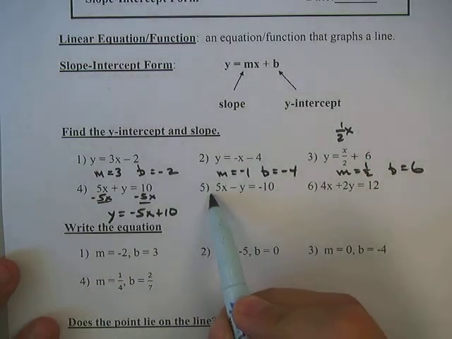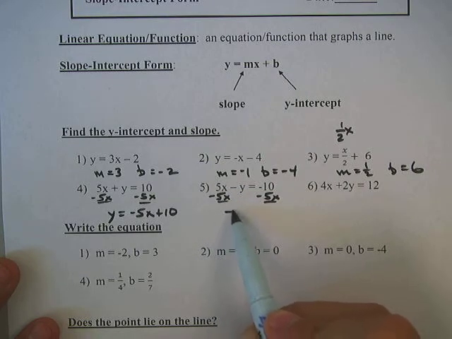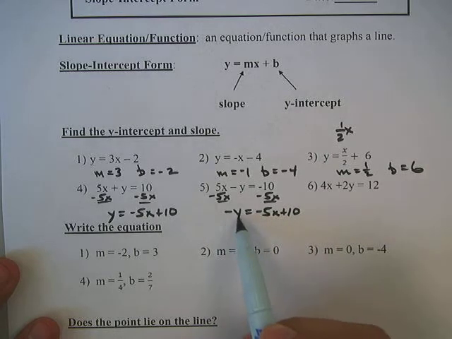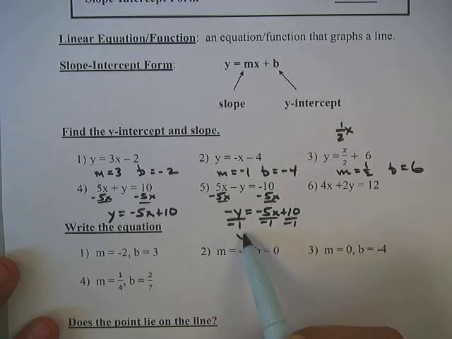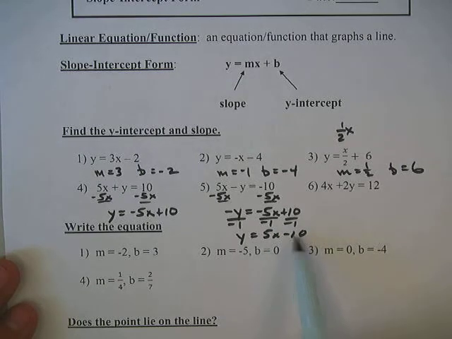This one takes a little bit more effort. I would again subtract 5x. So I get negative y equals negative 5x plus 10. And then I divide everything by negative 1. So you get y equals 5x minus 10. So in this case, my slope would be 5, and my y-intercept would be negative 10.